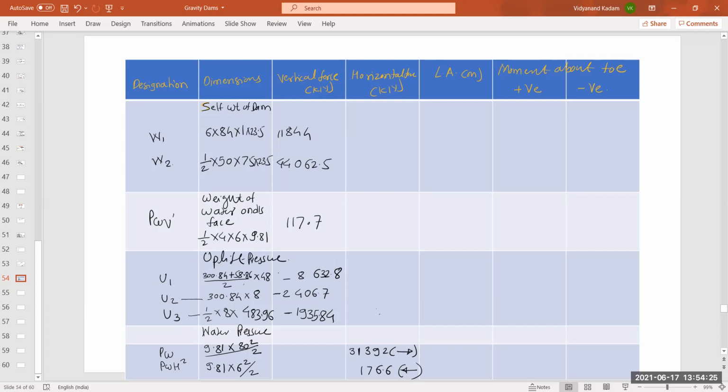Here we have worked out all vertical forces. Some are positive, some are negative. So take algebraic sum and tell me what is the value of summation V. Simply take algebraic sum of this column, vertical forces.